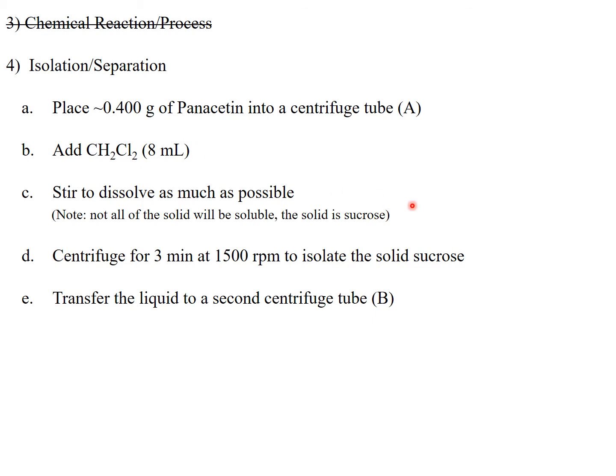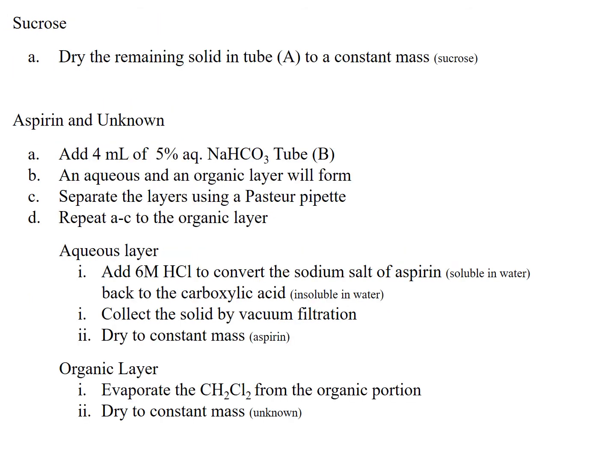I'm going to stir this up. The sucrose will not dissolve. I'm going to centrifuge that to make sure that I pull all of the solid down to the bottom of the centrifuge tube. And then I'm going to transfer the liquid from on top to centrifuge tube B, and isolate that solid sucrose from that first centrifuge tube.